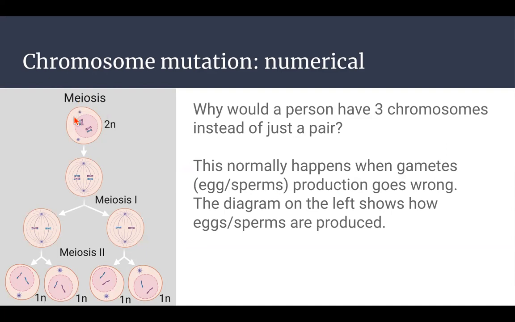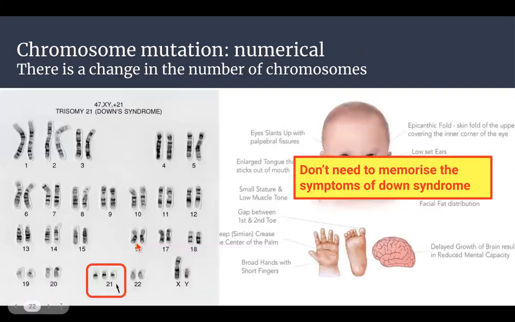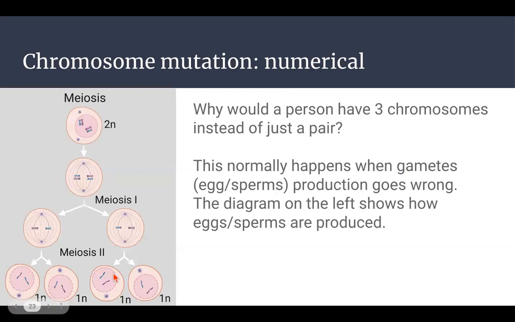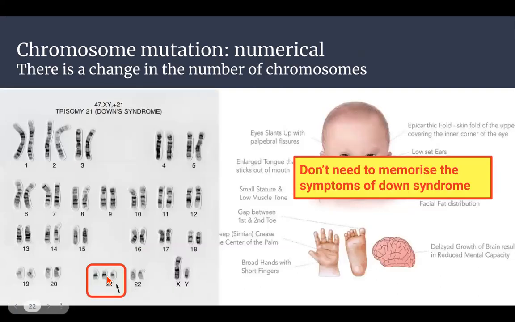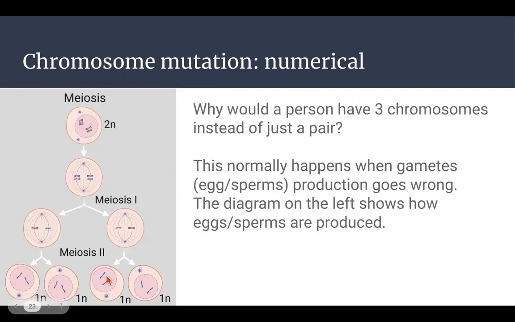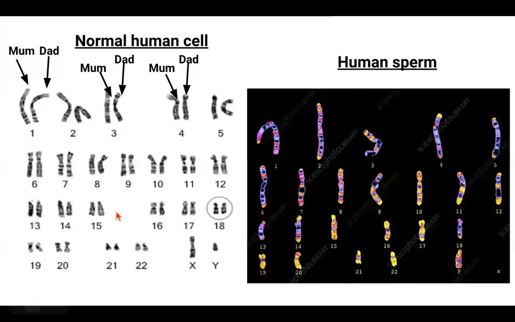So for meiosis, when you divide your cells up, the ultimate goal is to not have pairs of chromosomes in those resulting egg cells or sperm cells. The goal is to only have one of those copies so that when the egg and the sperm fertilize, then you have a complete set.